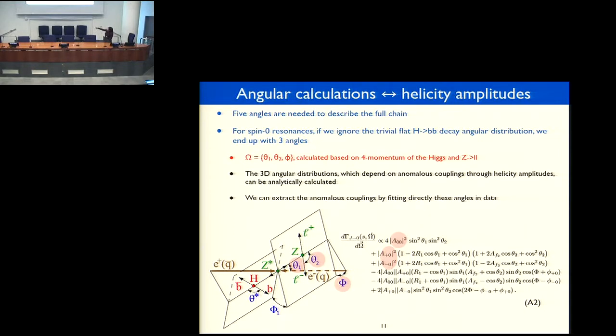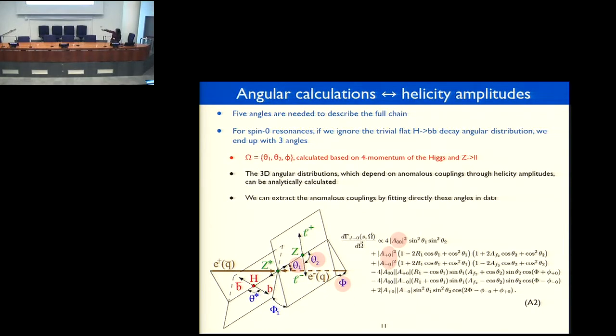Kinematically speaking, in the rest frame of the Z star, which produces the ZH, there are 5 angles that can be used fully: theta 1, theta 2, phi, and so on. This is exactly the same principle as for Higgs to ZZ decays at the LHC, with equivalent definitions.